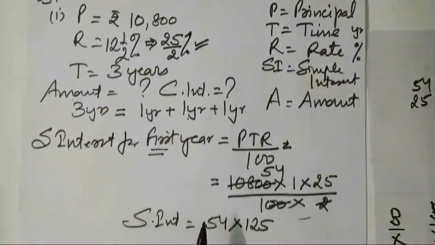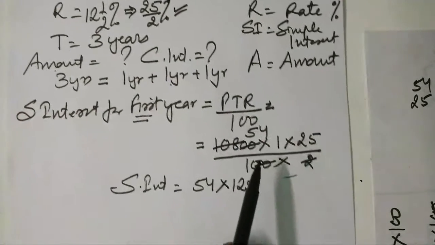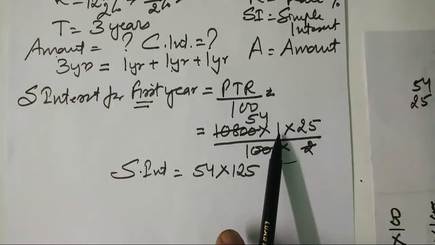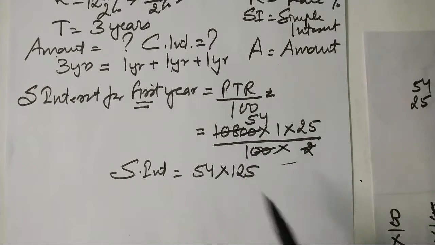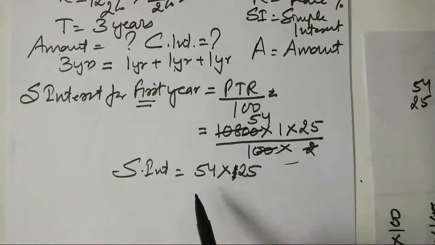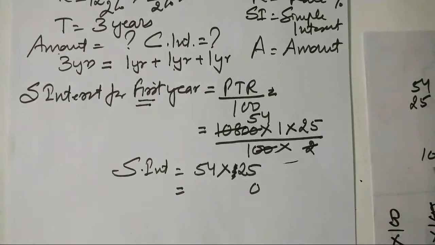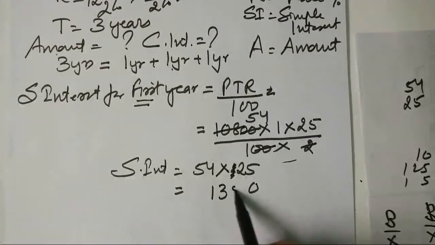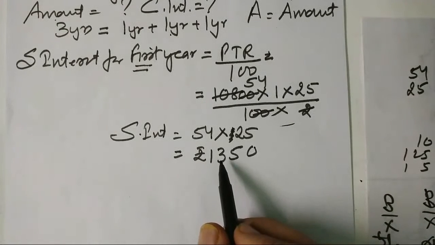So I am calculating the interest for first year by using this formula, where I will put 10,800, which is the principal, into time into rate upon 100. When I multiply and divide, it becomes 54 into 25. When I multiply it, it becomes 1350. Interest for the first year is 1350.